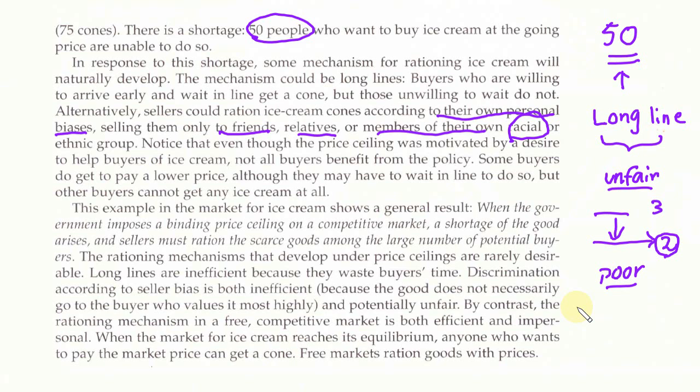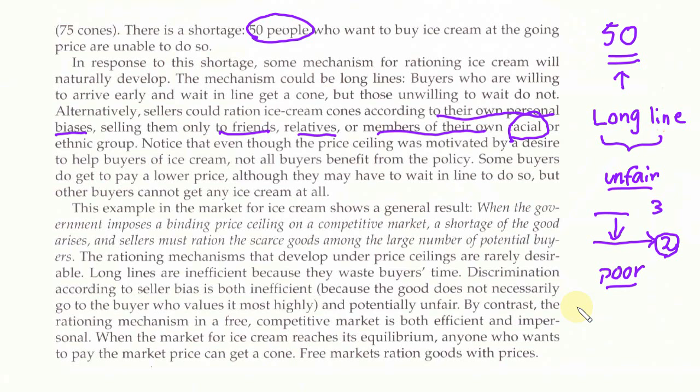I believe you can easily detect and understand the paragraph expressed in funnel A and funnel B. Notice that even though the price ceiling was motivated by a desire, what desire? To help buyers of ice cream, to let buyers purchase at a lower price and more ice cream, right?